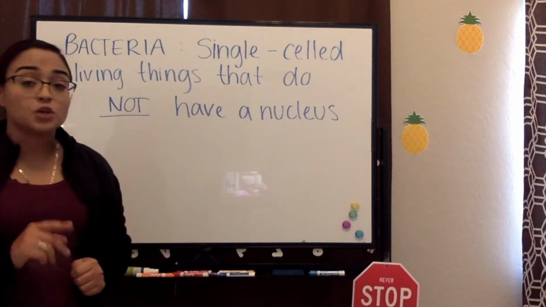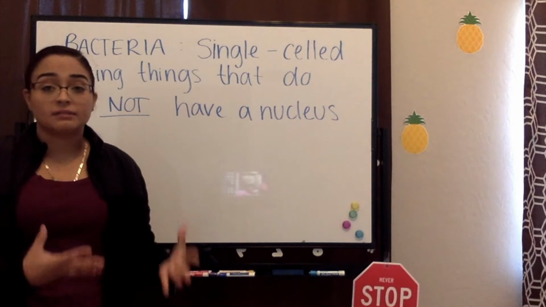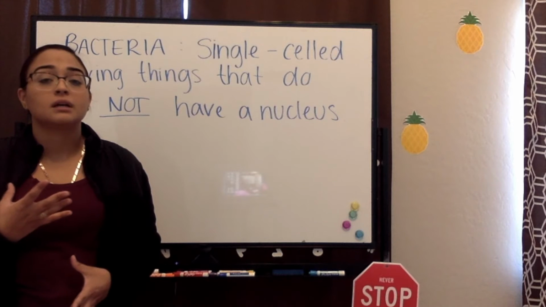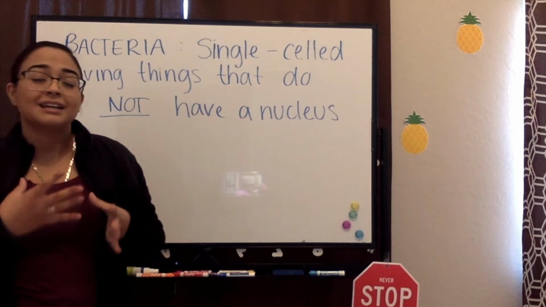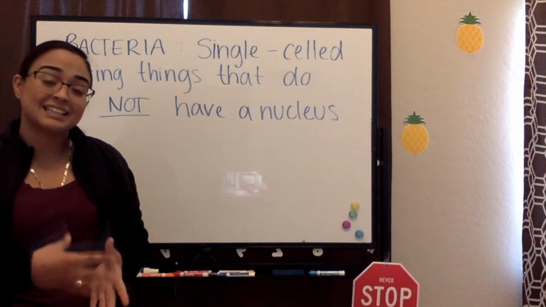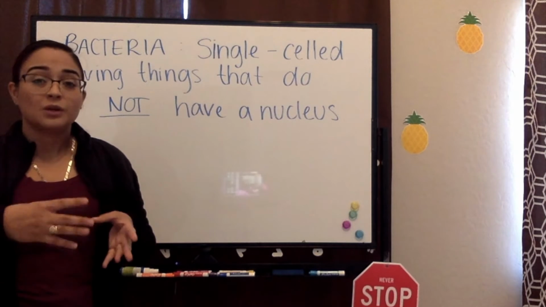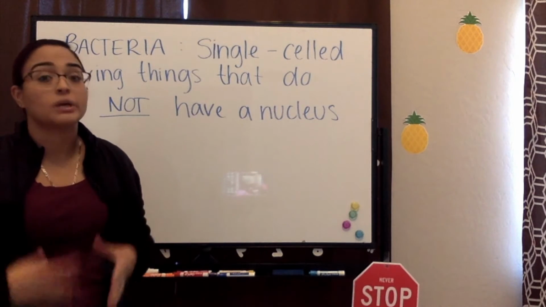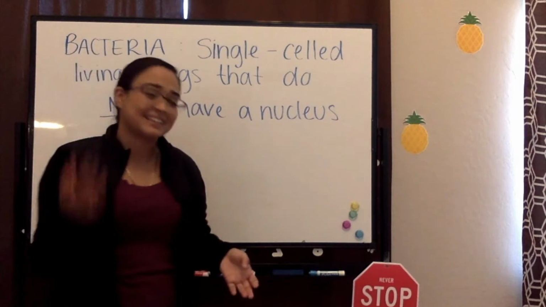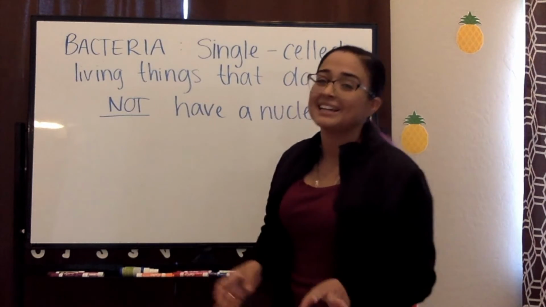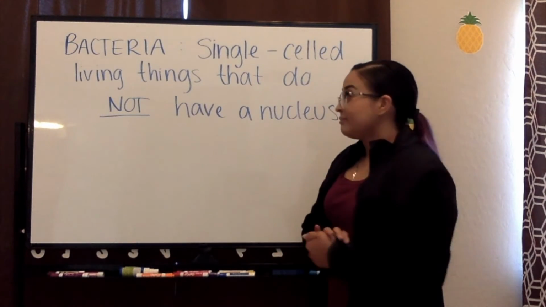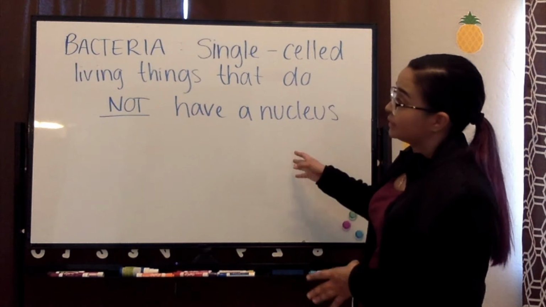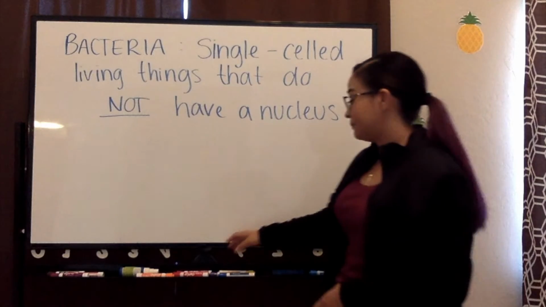Now remember, a nucleus is like the brain of a cell. The nucleus is the brain of the cell, which is what tells the rest of the cell what to do and how to function. Okay, I had that all jumbled up in my head, but that is what a bacteria is. Okay?